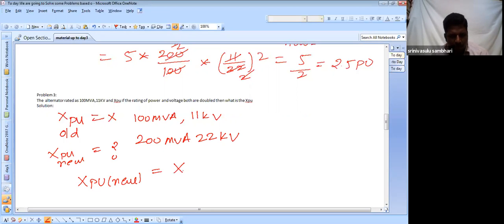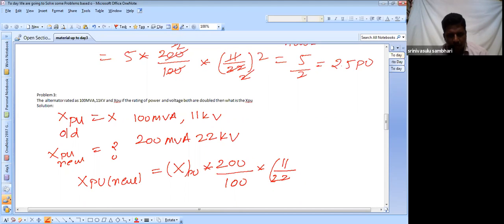X old is X per unit into new base MVA, that is 200 by old base MVA 100, old kV 11, new kV 22. This is GATE 2006.